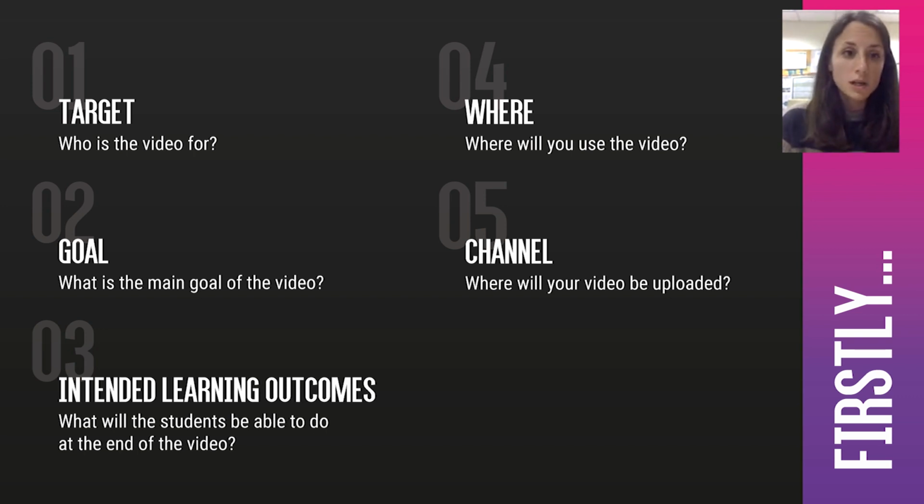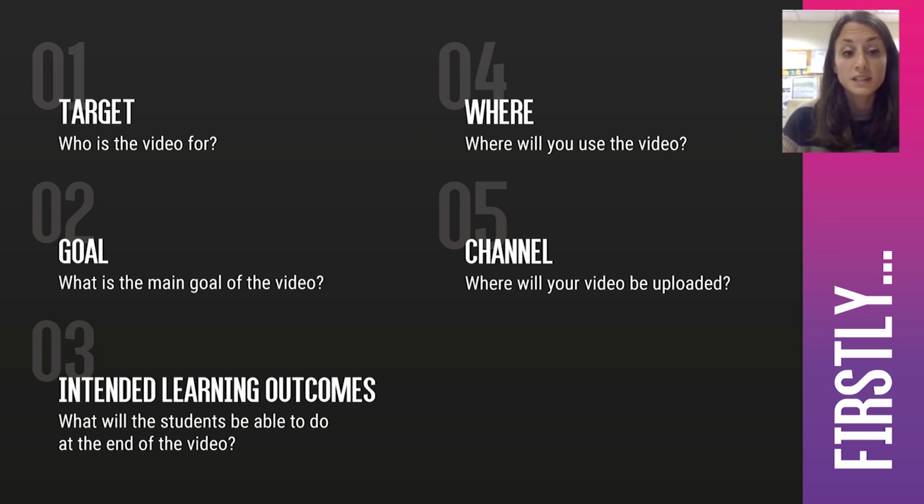First of all, you need to identify your target. So you're designing a video for a specific target, for specific users. Then your video will have a main goal. And then you will need to detail a little bit further in smaller goals.